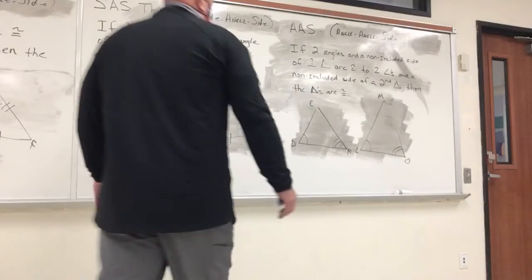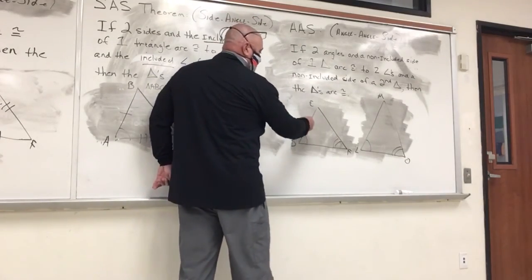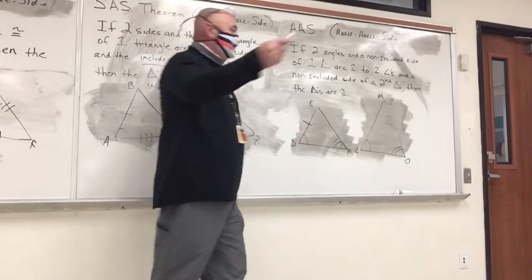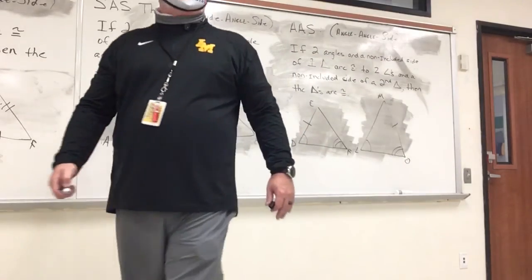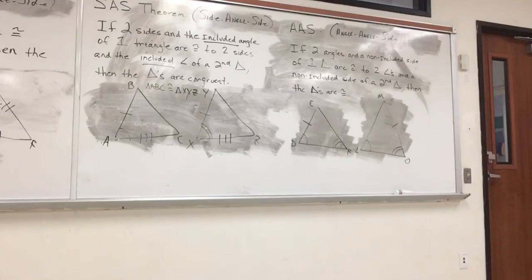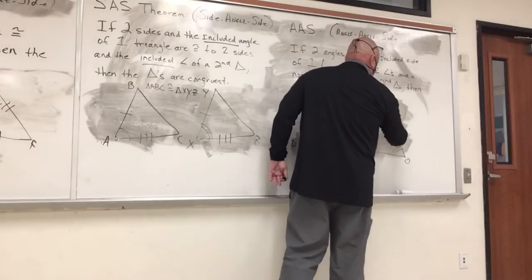So, two angles and a non-included side. I'm going to mark that one, because that is not between the two angles. And I'm going to mark this one right there. Are those two triangles congruent to each other? No, they are not, because it is not the same side. So what must I do?